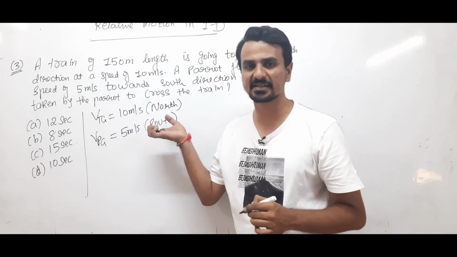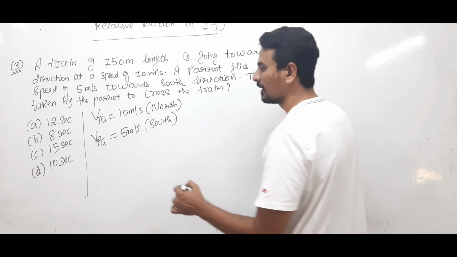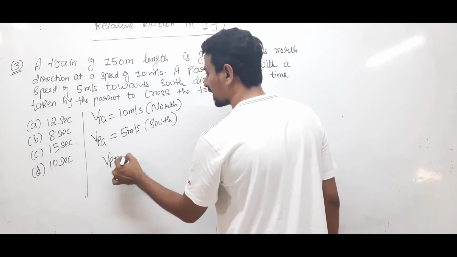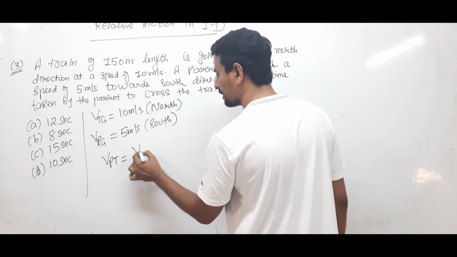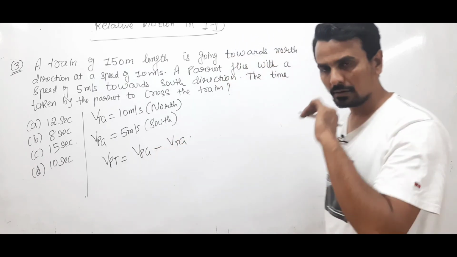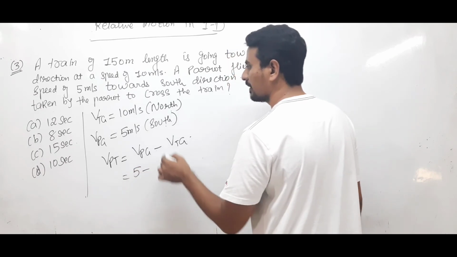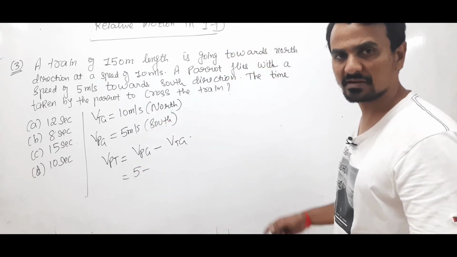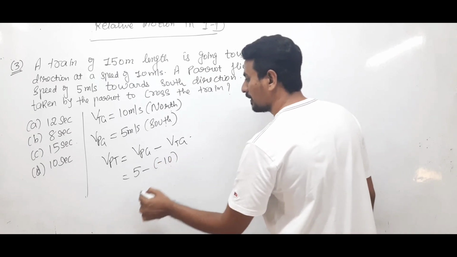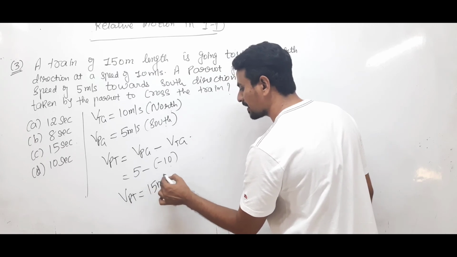Since both the velocities are in opposite direction, the relative velocity will be added up. So velocity of parrot with respect to train will be velocity of parrot with respect to ground minus train with respect to ground. So this is 5 minus, since train is moving in an opposite direction, we will place minus 10. So velocity of parrot relative to train is 15 meter per second.